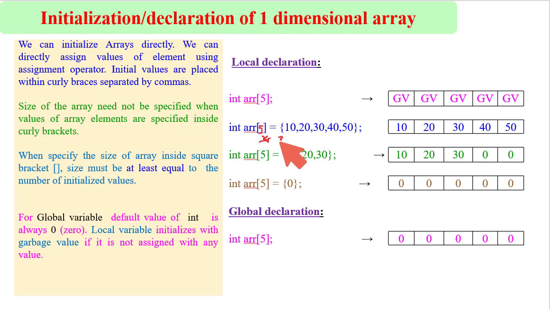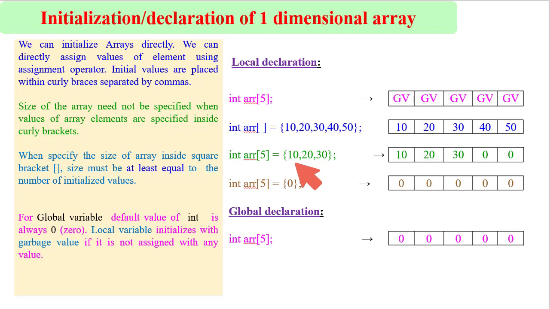If we indicate 3, that is not permitted, because 3 and 4 are less than the number of elements specified inside these curly brackets. But we are allowed to mention a size which is higher than the number of elements. In this case, the number of elements is 5, so we may use 5, we may use 6, we may use 7, which is equal to or higher than the number of elements.